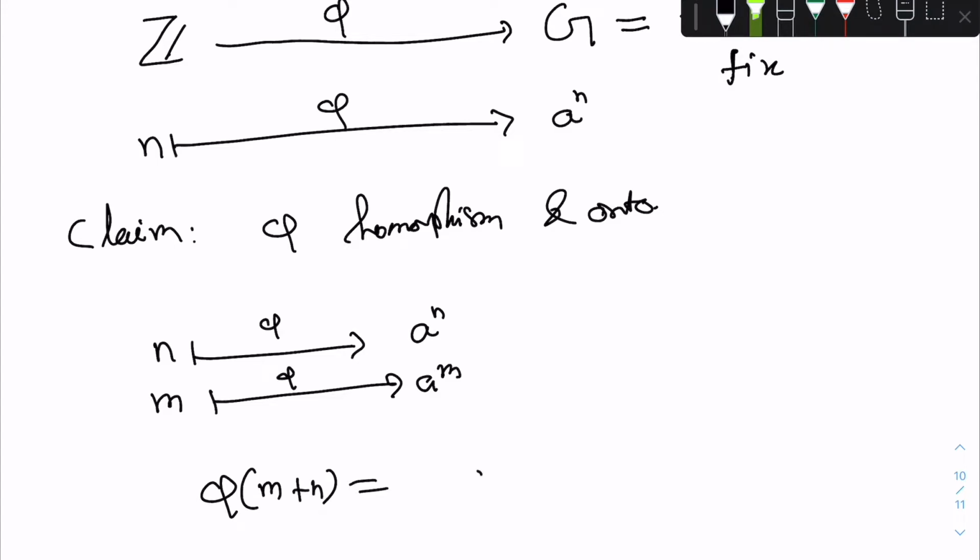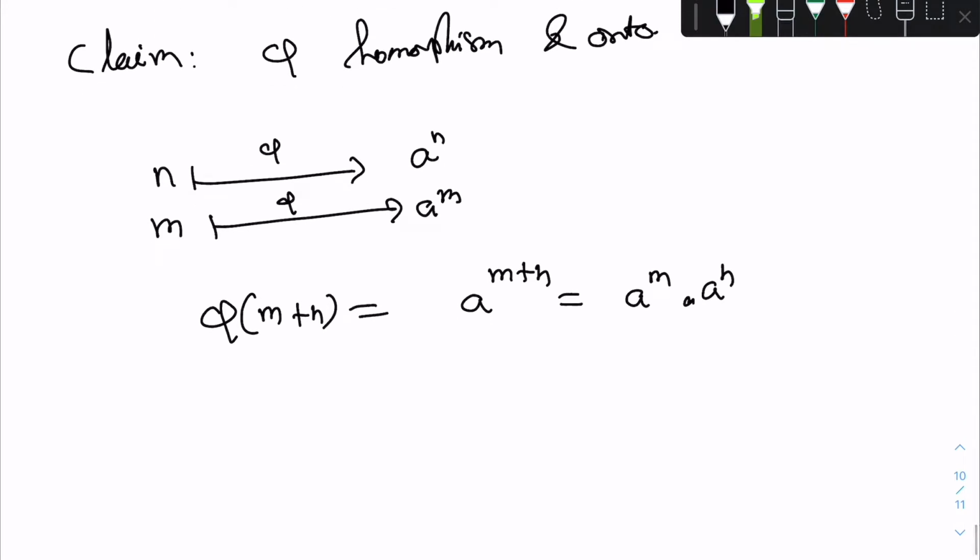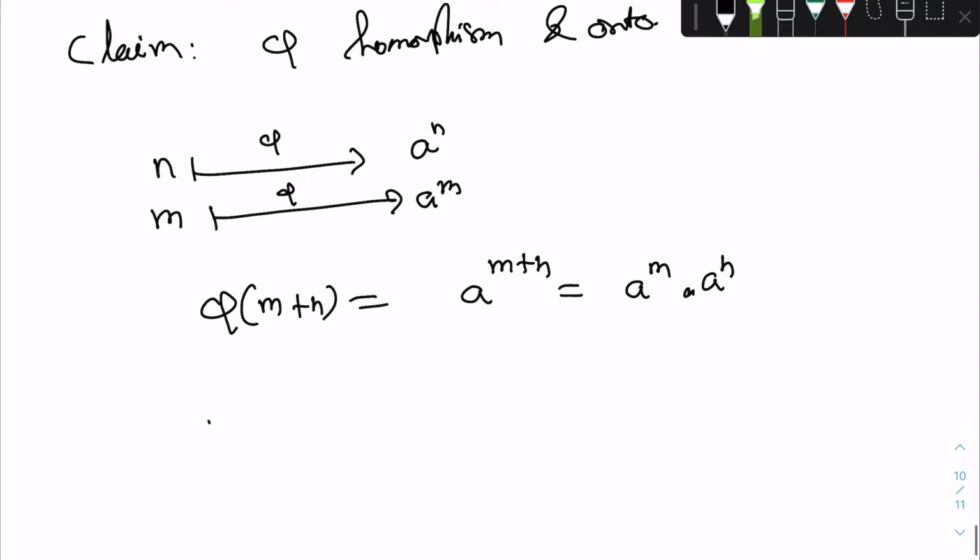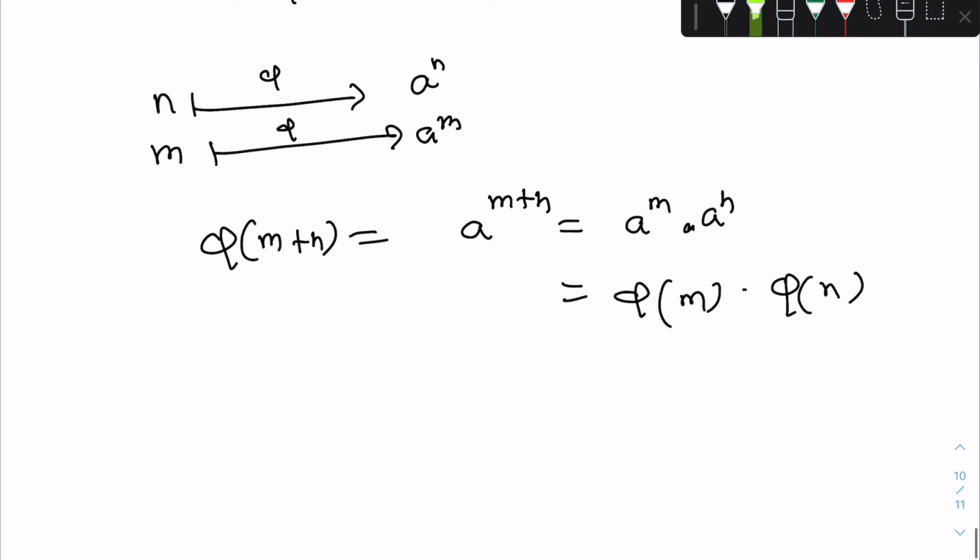It is nothing but a power m plus n, which is a power m into a power n. Exactly. That's what we saw in the last class, right? So that is actually phi of m dot phi of n, which is the homomorphism, right?